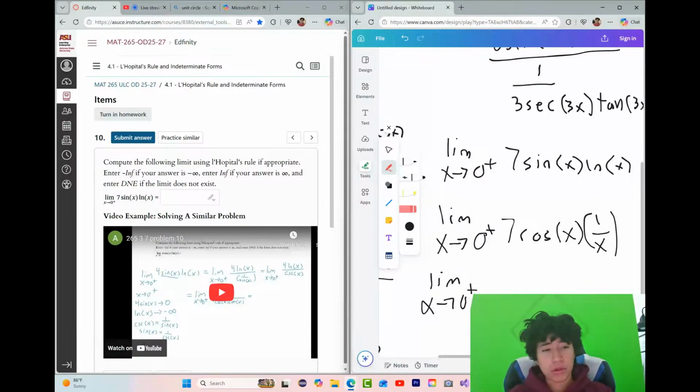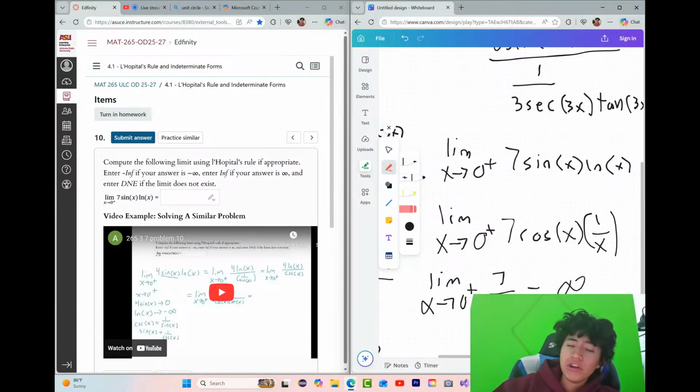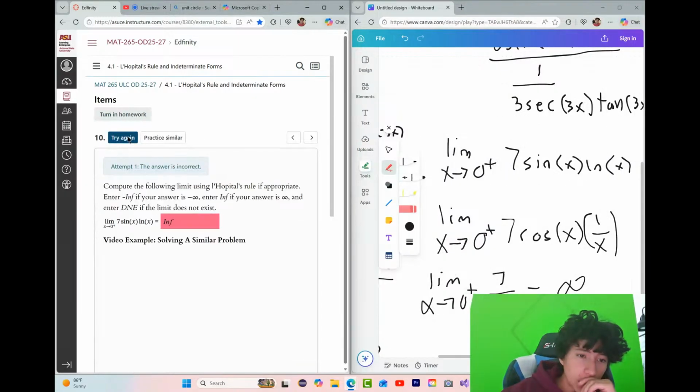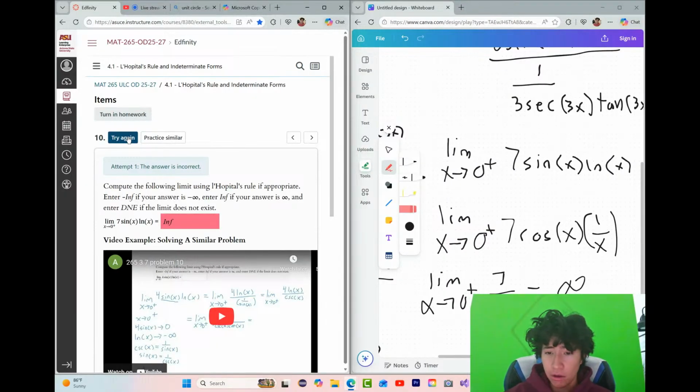Now, do we get an indeterminate form? 7 times cosine of 0, and cosine of 0 is 1. So we get 7 over 0. This equals infinity. We got that wrong? What are you talking about?